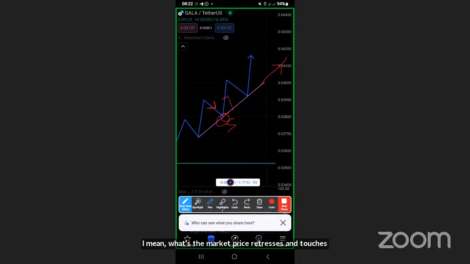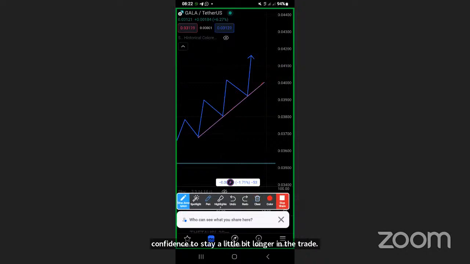Once a reversal happens, it is an indication that the trend is still continuing. It gives you more confidence to stay a little bit longer in the trade. Because you know definitely at some point there will be a break of structure. If this is where the support was and there's a reversal after a retracement, you know that there will be a break of structure. So you have the confidence of remaining in this trade a little bit.